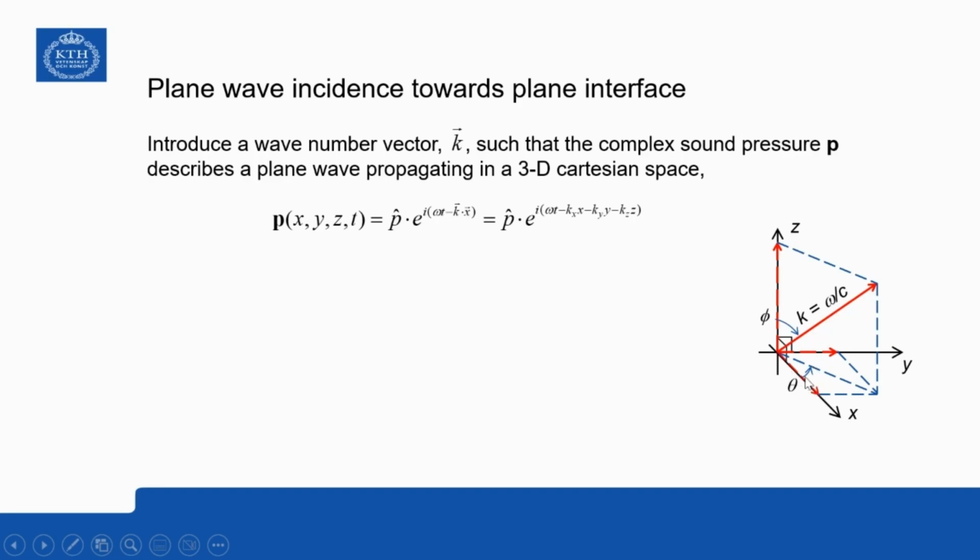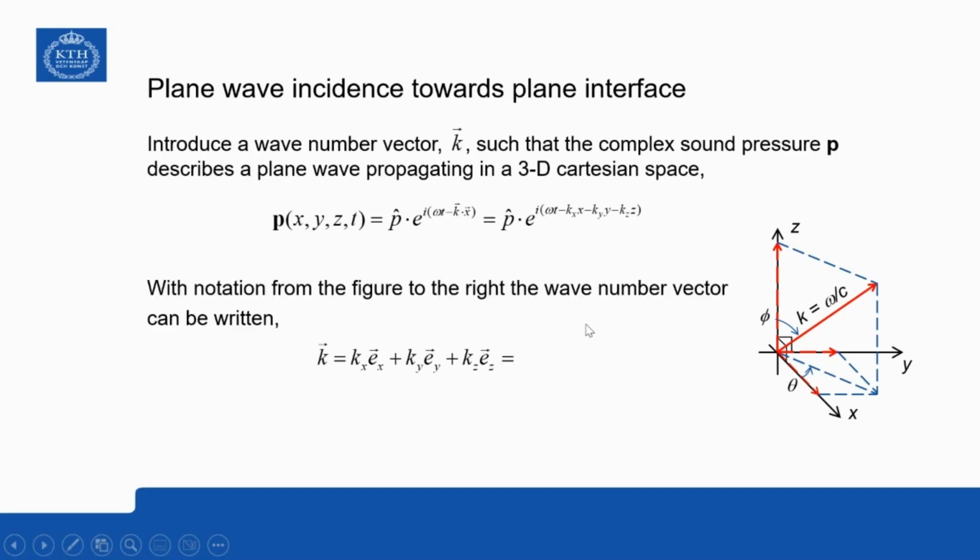Then we see that we can express these kx and ky components in terms of theta and this phi angle, because this projected component here is actually equal to k times sine of phi.